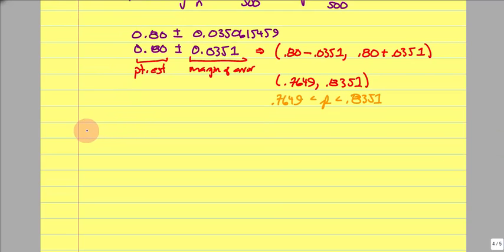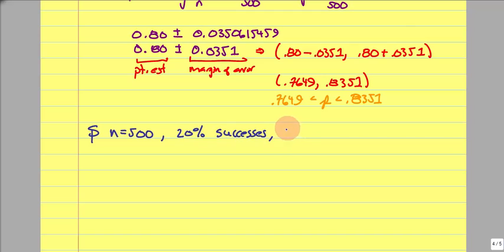Let's go ahead and look at another example. In this example, let's suppose we have a sample of size 500. And let's go with 20% successes this time. So we're not given the number, we're given the percentage.